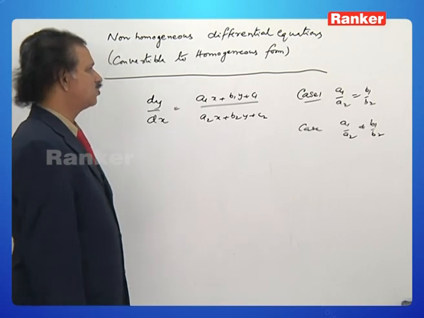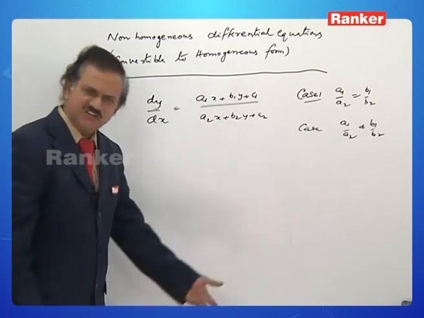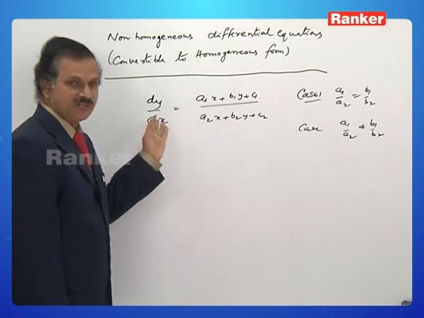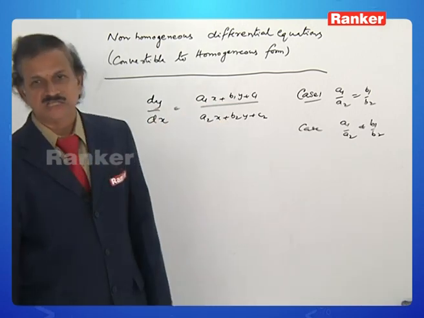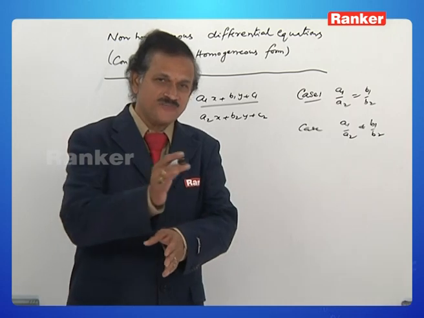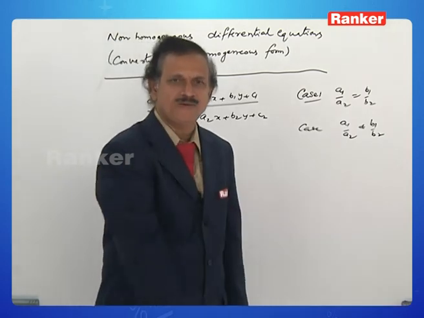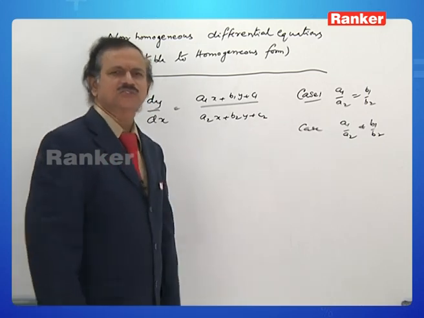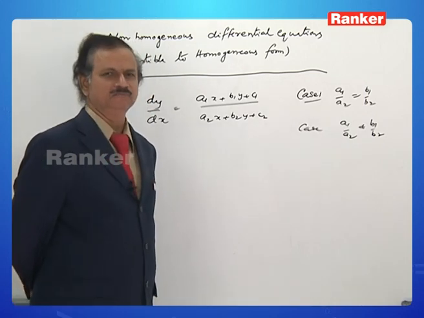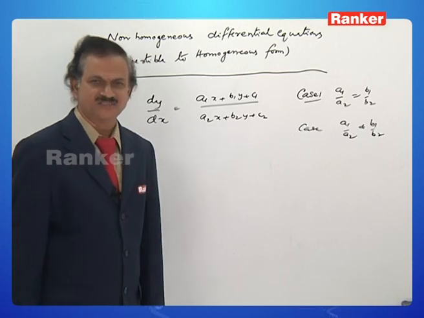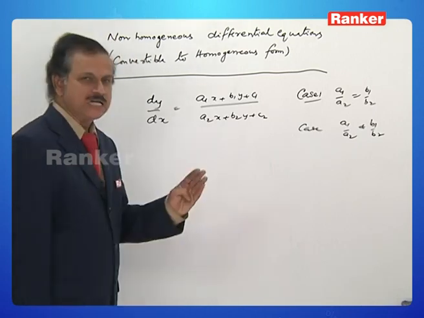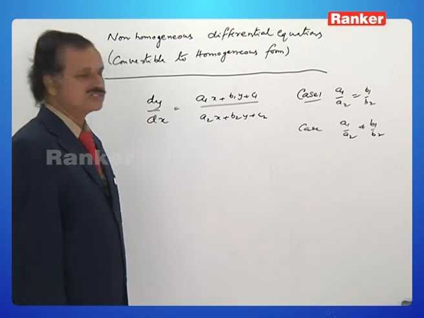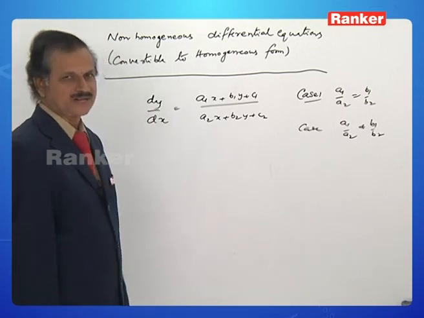Of course, out of these two cases, the first case is a very simple case, so that in that case, even though the equation is non-homogeneous, it can be transferred to variable separable form directly, so that it becomes very easy to solve it directly. Let us look at one such example for case 1, and then we shall shift our attention to focus on the second case or second model.